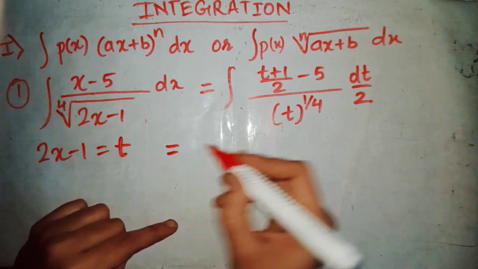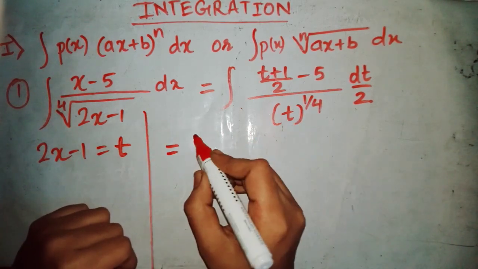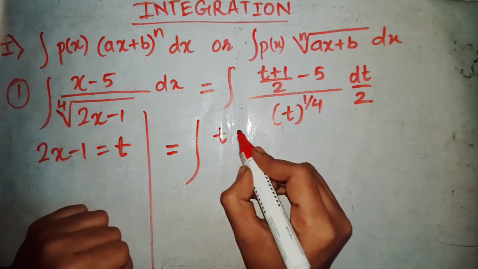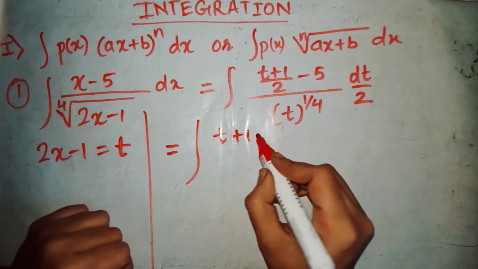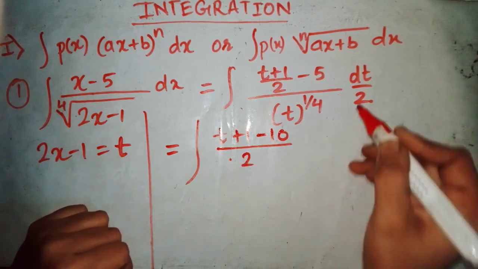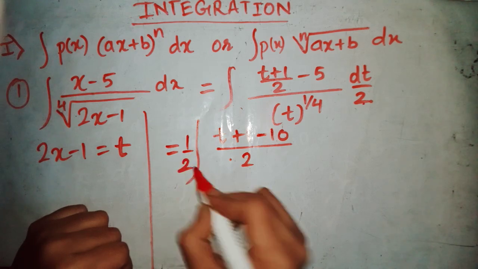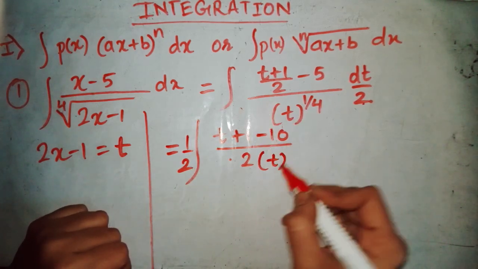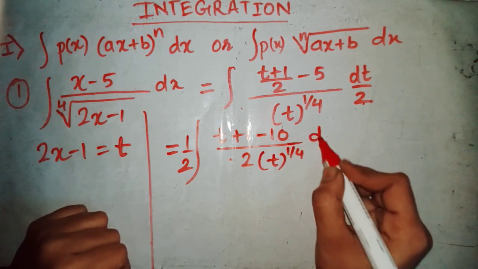Now solve. If you cross multiply, you get (t plus 1 minus 10) upon 2. This 2 I will take outside, and keep here t raised to 1 by 4 dt.